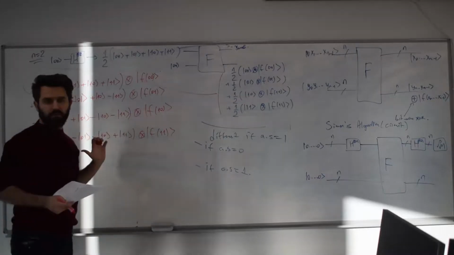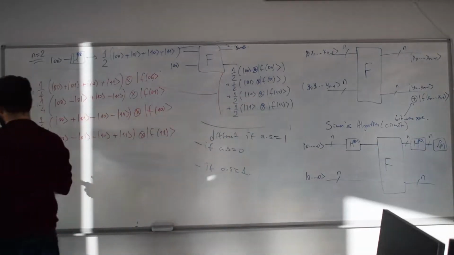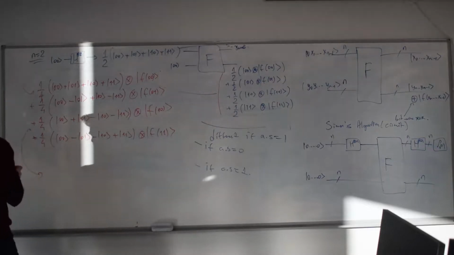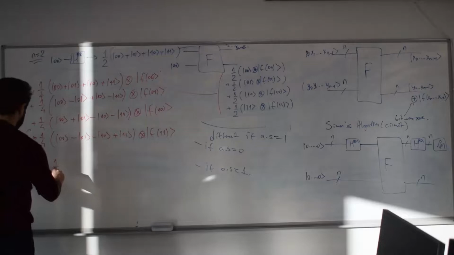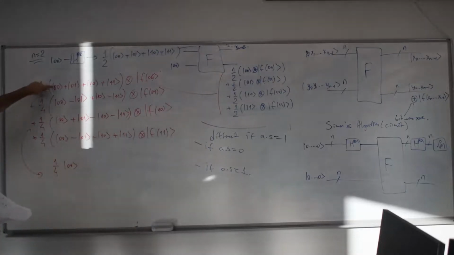These are all coming from the Hadamard matrix, right? Remember? Okay, now I can rearrange these terms to write it again the following way: 1/4 |0,0⟩. That means I'm going to just take the first terms, each one of them inside the parentheses, and then combine them.